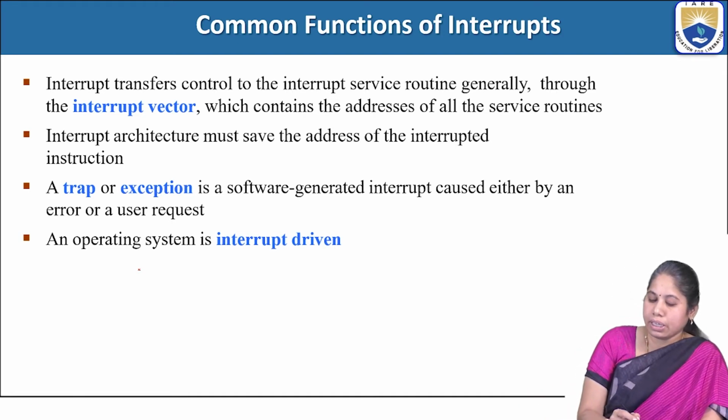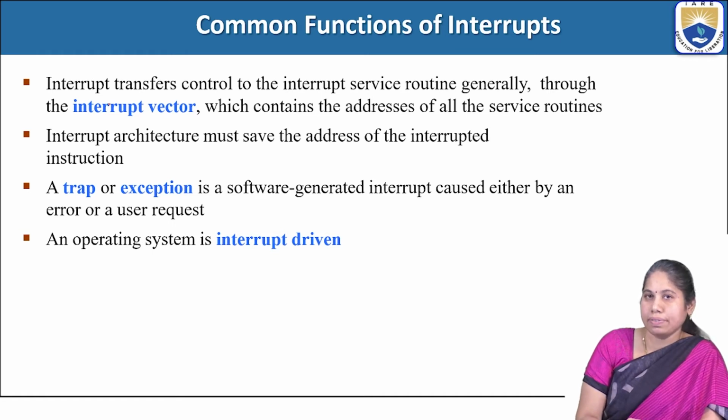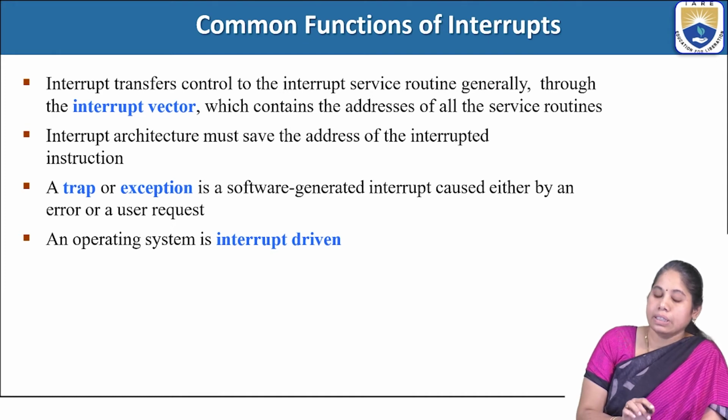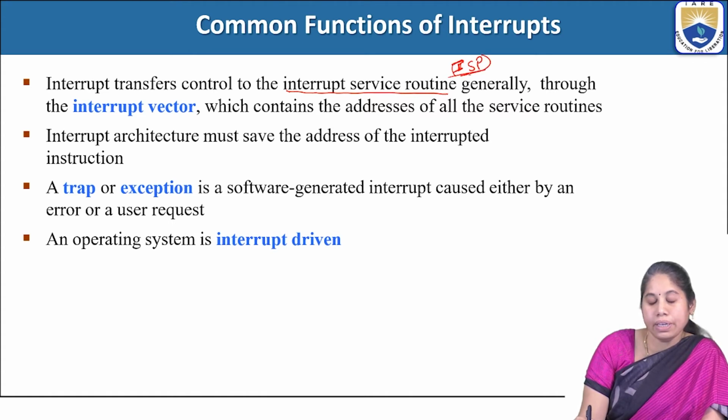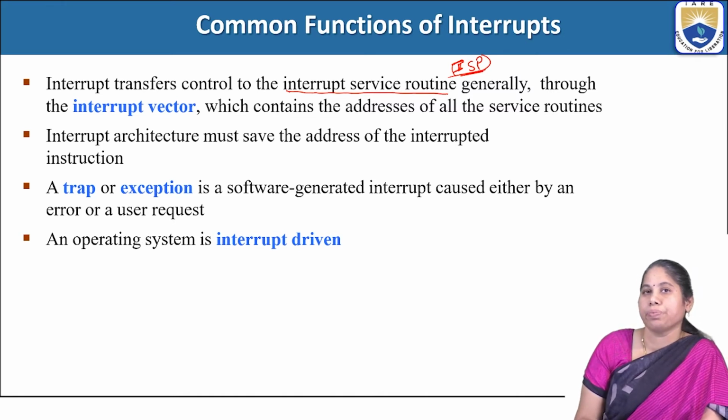So here the common functionality of the interrupts is that the interrupt transfers control. Once the interrupt occurs, the CPU transfers the control to the interrupt service routine, ISR in general, because you may have studied all this terminology in your computer organization and architecture subject also.